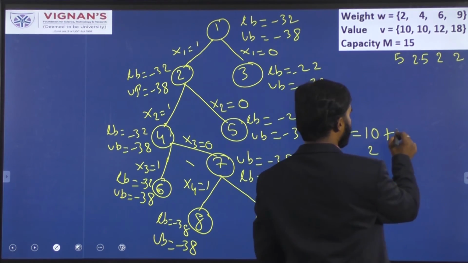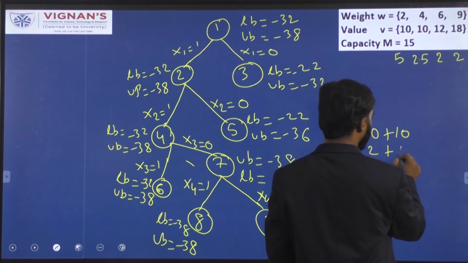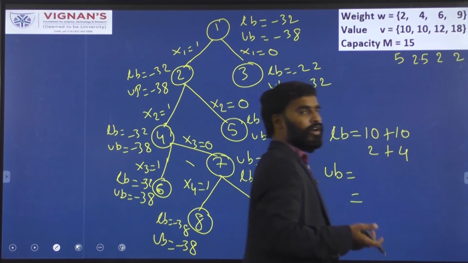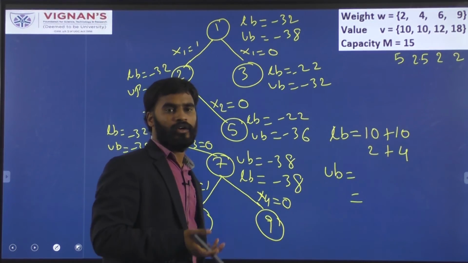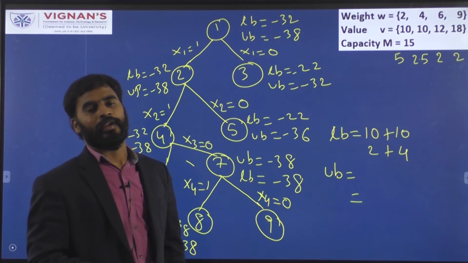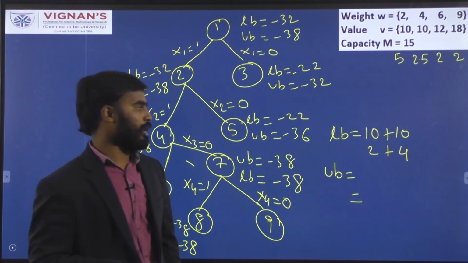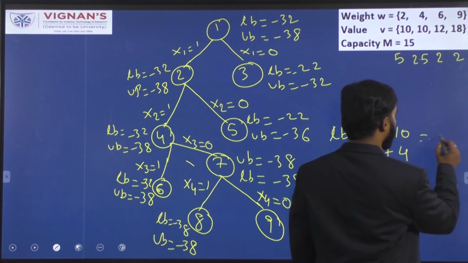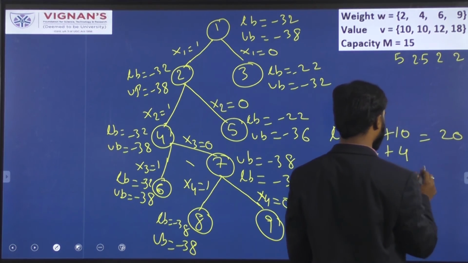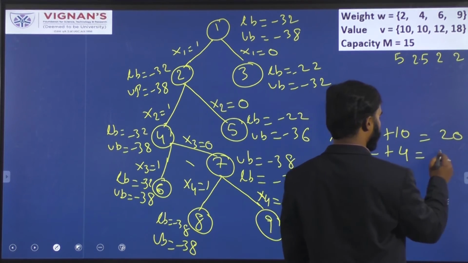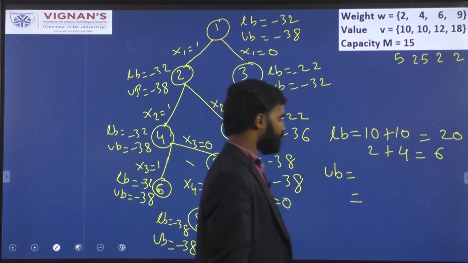Include 2 whose value is 10 and weight is 4. Don't include the third item and don't include the fourth item. So the lower bound is 20 and the weight we added so far is 6.